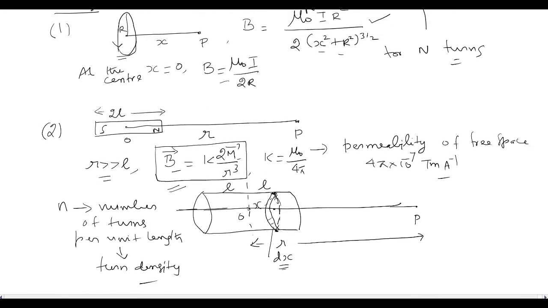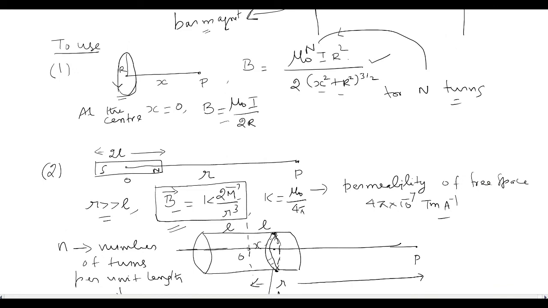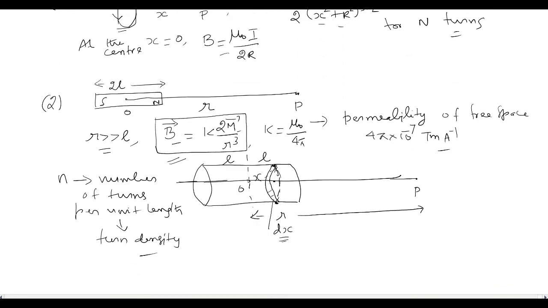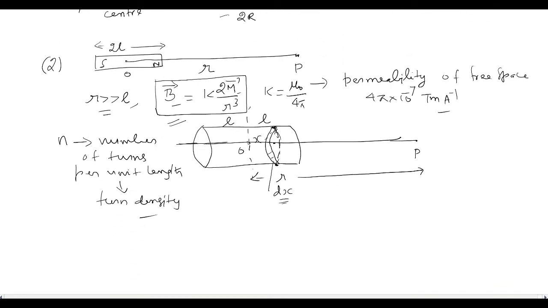Now we will use this formula. So the small magnetic field at P due to the element is actually mu naught, capital N is the number of turns of the circular coil in our formula, but here it is n dx, the total number of turns in the element. Now the element plays the role of a circular coil of n dx number of turns.